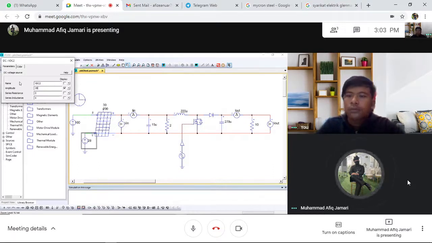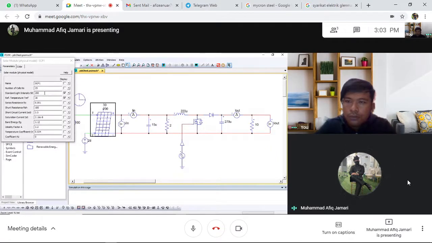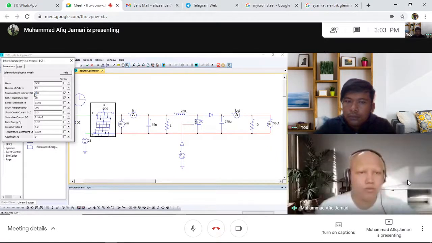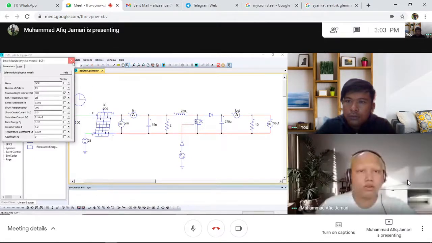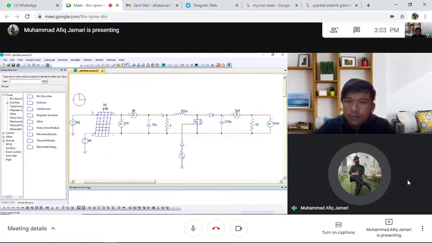Together we must set the solar module 2 to the same value. After we have set up the values that we need, we just need to run the program.